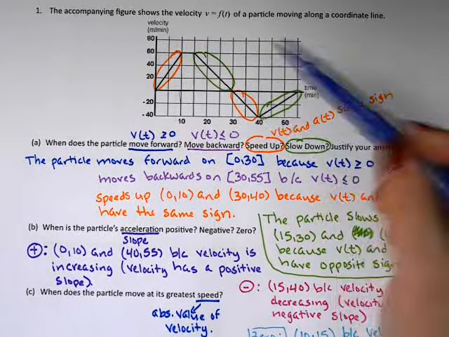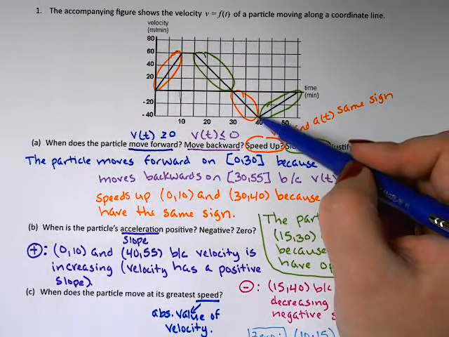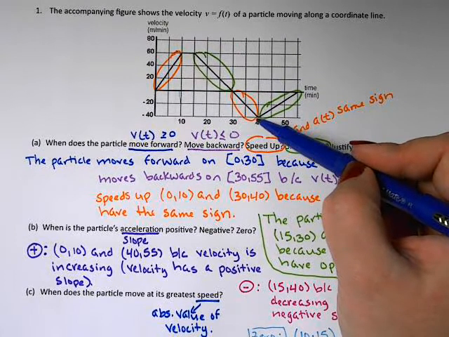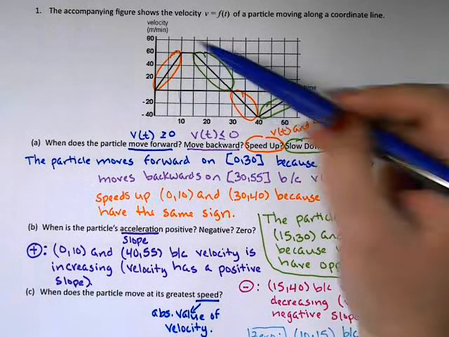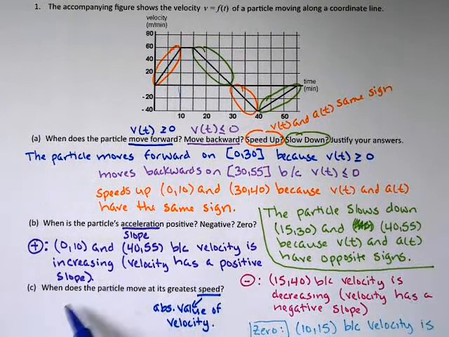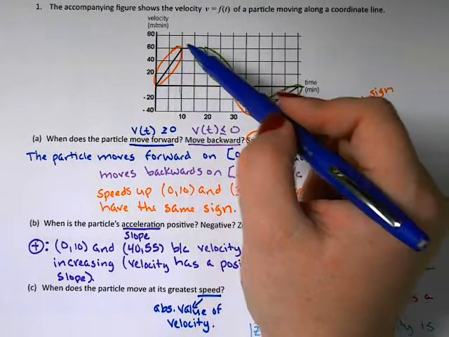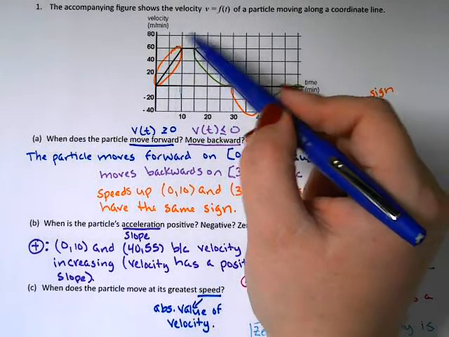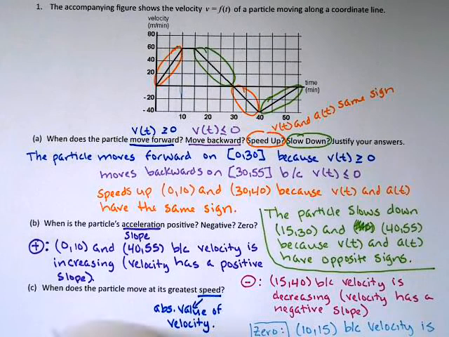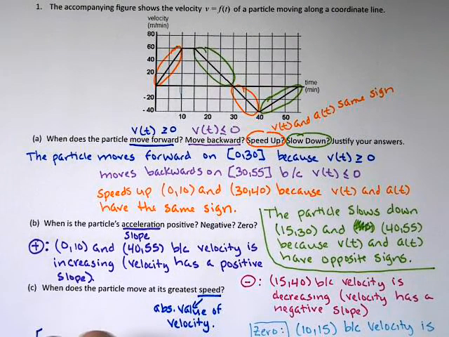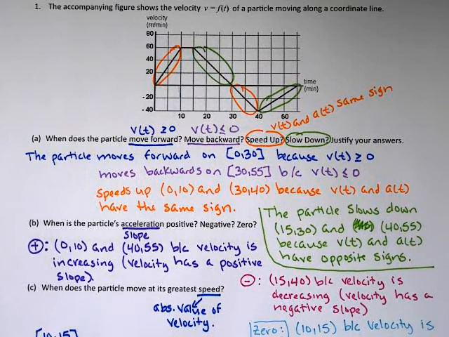When we look at this graph, the minimum down here would be negative 40. The maximum would be 60. So really we're comparing 40 and 60. The particle moves at its greatest speed when it's up here at 60. That's going to be from 10 to 15. And we can just say that this speed is 60.